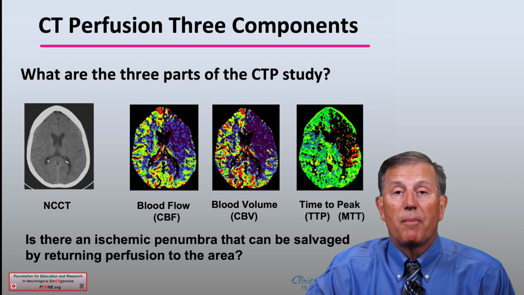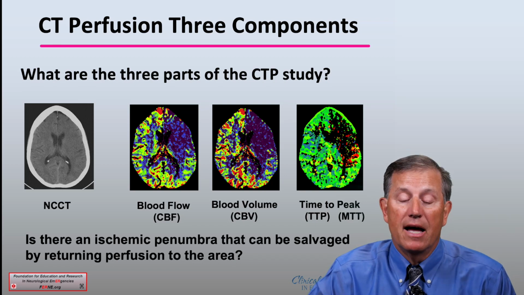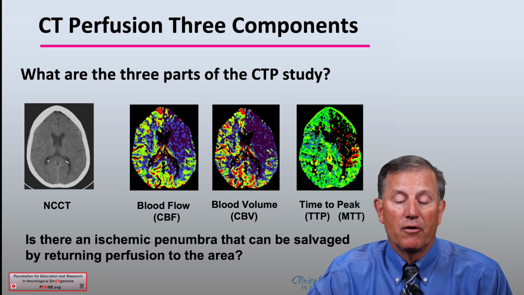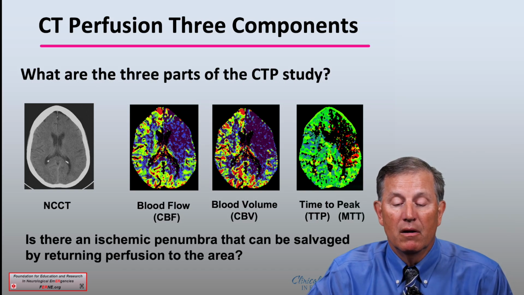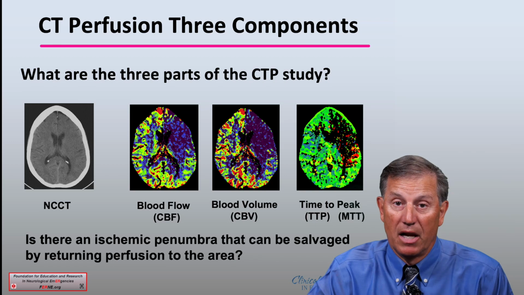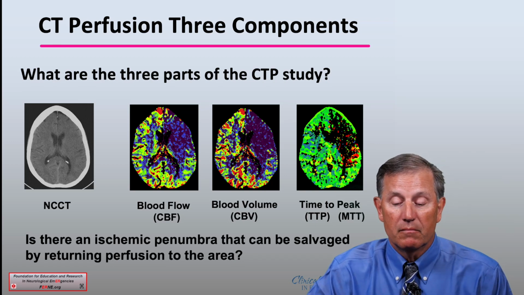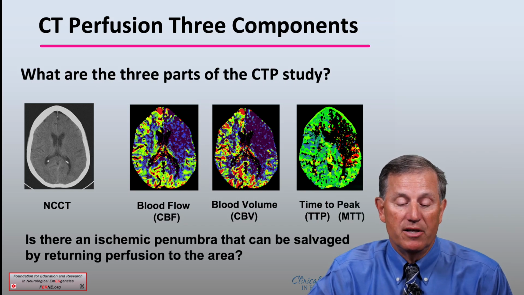So what are the 3 parts of the CTP study? You see on the left there's a non-contrast study. Then there are studies that include cerebral blood flow, CBF, cerebral blood volume, CBV, and then characteristics that talk about the rate at which blood flows through this area, both a time to peak and a mean transit time for this blood and contrast to move through the at-risk tissues.